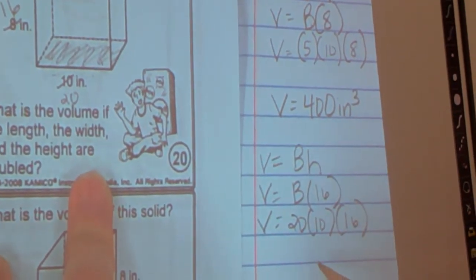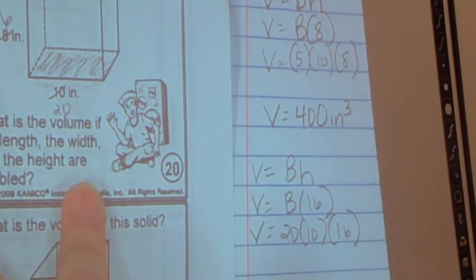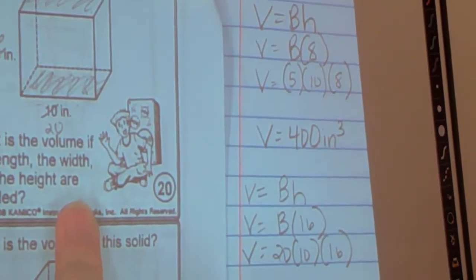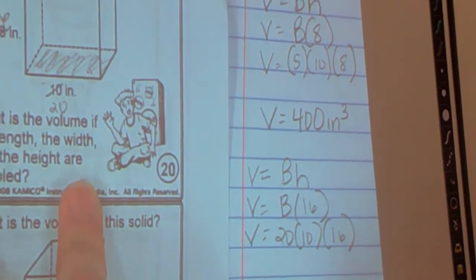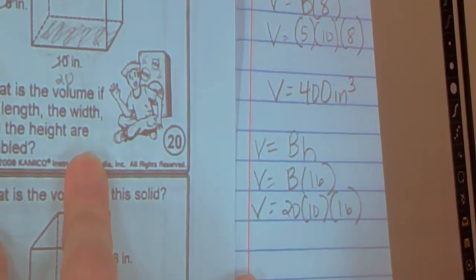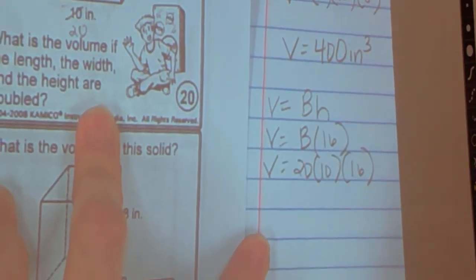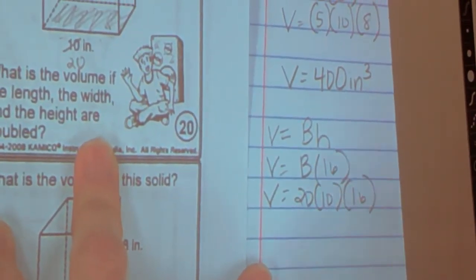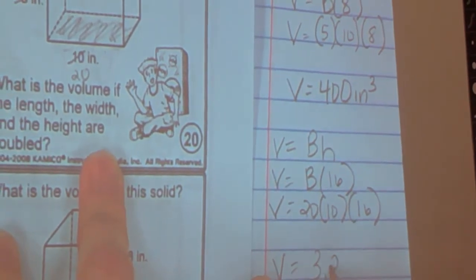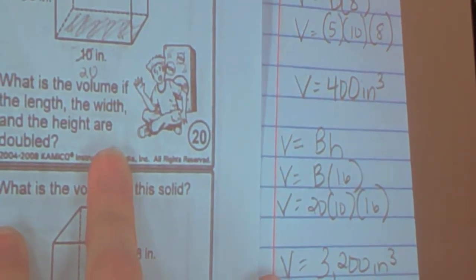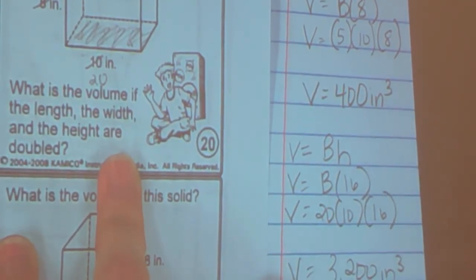This just wants to know what the new volume would be. And in this case, our new volume would be 3,200 inches cubed. Okay, and that's the end of our first sample problem.